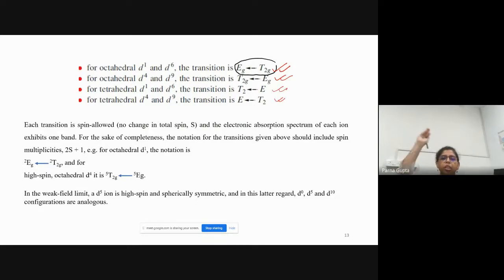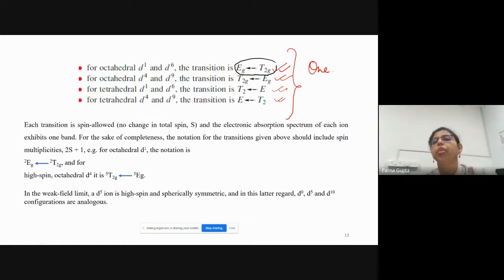Now the point is, what do you expect? For all of them you expect one absorption peak, right? One absorption peak.